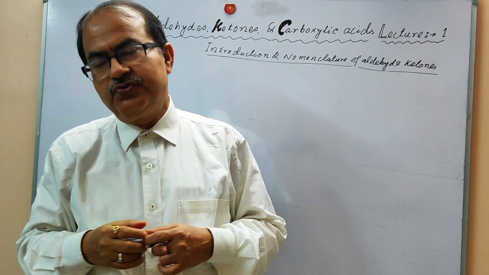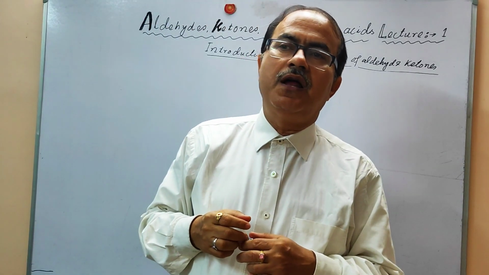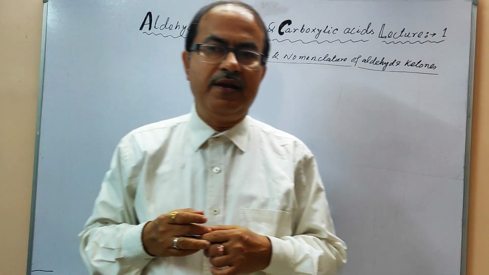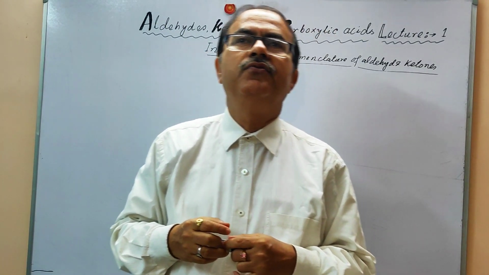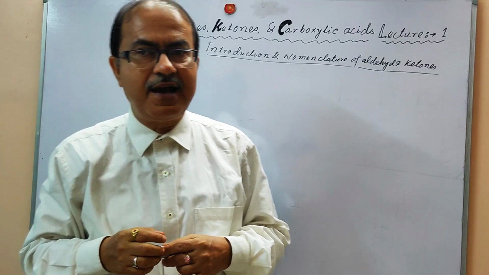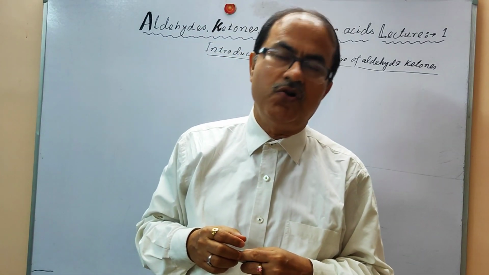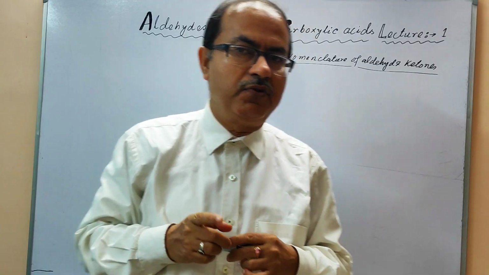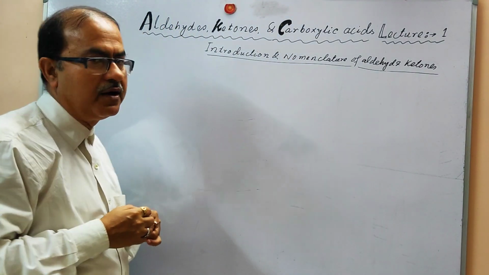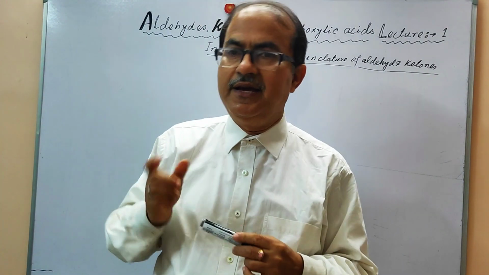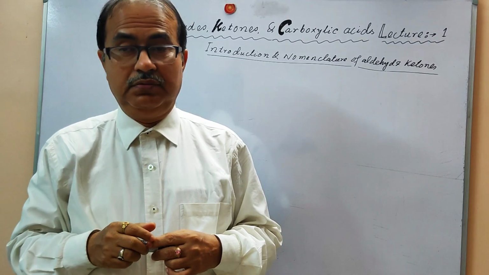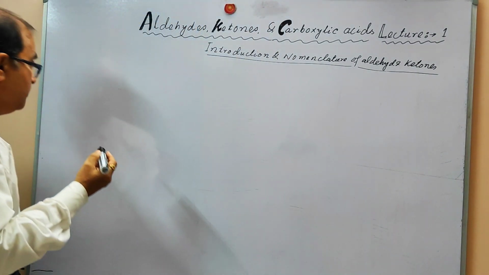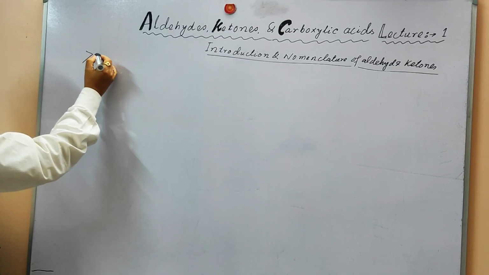In organic compounds like alcohols, phenols and ethers, what do we find? We find that there is a carbon-oxygen single bond. But in the compounds that we are going to discuss, that is carboxylic acid, aldehyde and ketone, there is a presence of a carbon-oxygen double bond, and this has been represented like this.